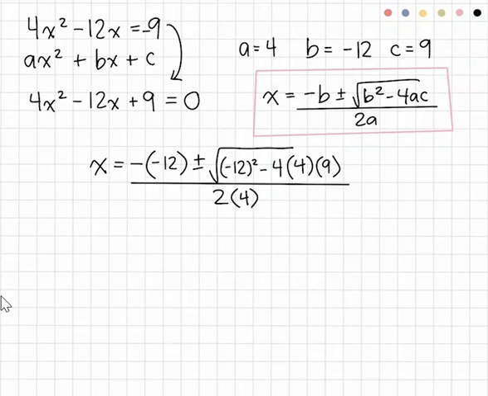Okay, let's simplify. So we've got my negative 12 is just going to become 12 because it's like negative 1 times negative 12.